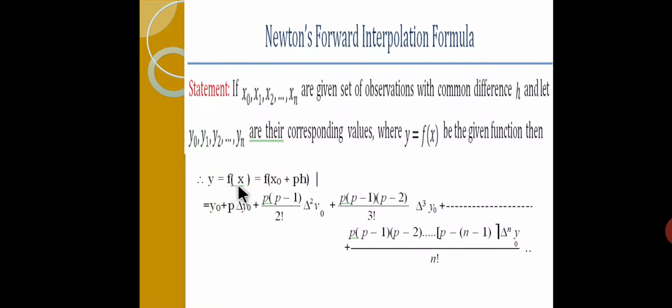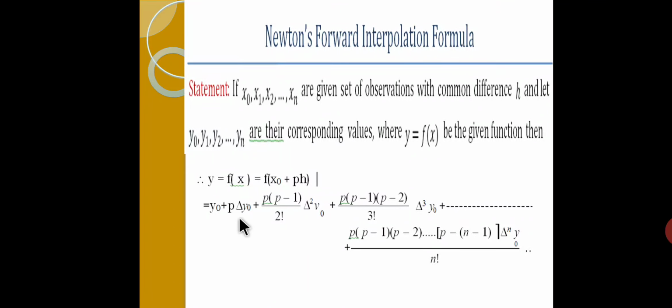So y is equal to f of x, that is equal to f of x0 plus ph, that is equal to y0 plus p delta y0 plus p into p minus 1 by 2 factorial delta square y0 plus p into p minus 1 into p minus 2 by 3 factorial delta cube y0 plus and so on, plus p into p minus 1, p minus 2 and so on p minus n minus 1 delta power n y0 by n factorial.